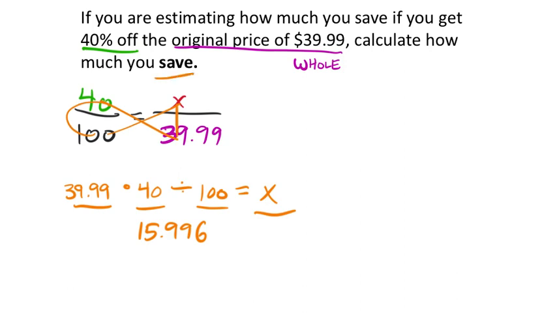So we'll round this to the nearest penny, which is the 9. To the right is a 6. Add 1 there. 9 plus 1 is 10. Carry the 1. 1 plus 9 is 10 again. Carry that 1. 1 plus 5 is 6. Drop the 1. So $16? That's correct. The savings with 40% off of this price. I mean, we didn't have to round it, but $16 is good.